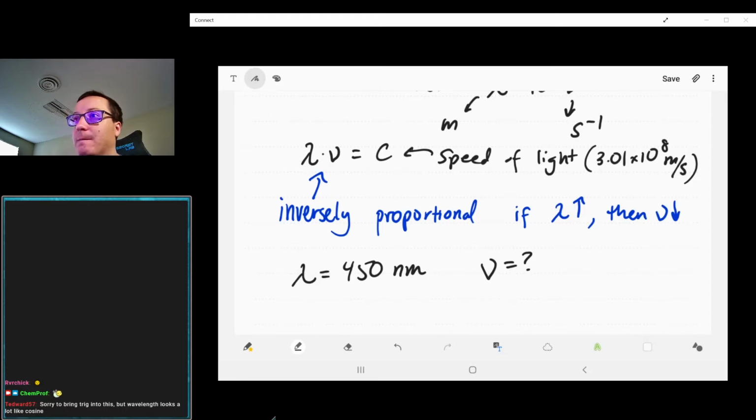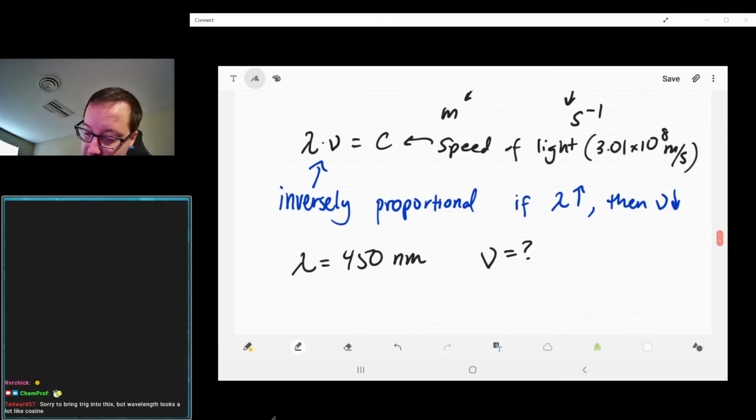So, let's see how this is going to work. So, we know that wavelength times frequency will be equal to the speed of light. However, our speed of light is given in meters per second, and our wavelength here is given in nanometers. So we're going to probably want to bring them both into the same unit. Let's go ahead and make them into meters, probably the easiest way to do that.